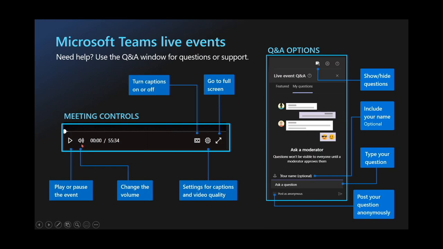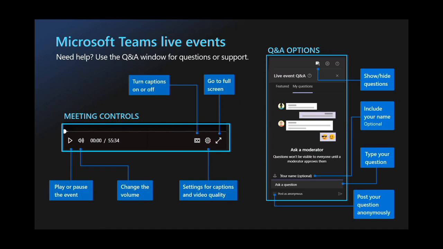Adjust the volume accordingly. Please be very careful if you're using any headsets. Make sure that they are correctly connected to your device and that the audio settings have been done correctly. Sometimes that might be the reason why you can't hear us. Towards the bottom right-hand corner of the player bar, you have the opportunity to turn on or off the closed captions. You have a settings wheel.